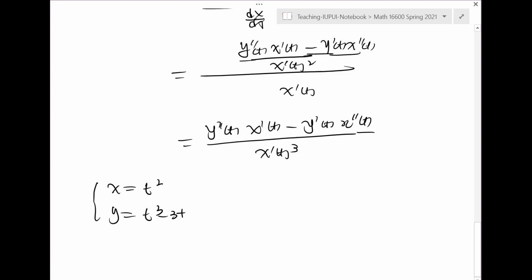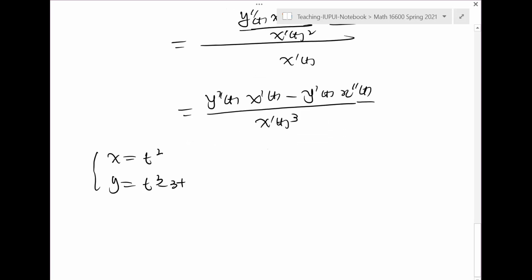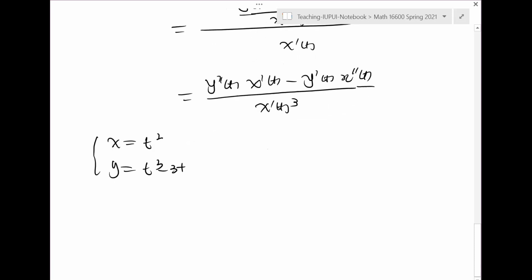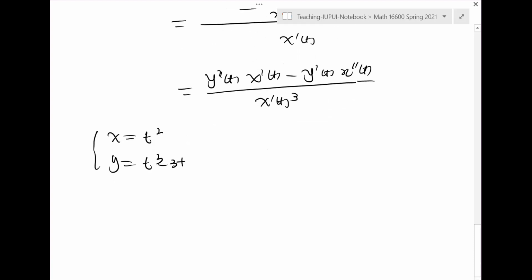Find dy/dx when x equals 1, and the second derivative.